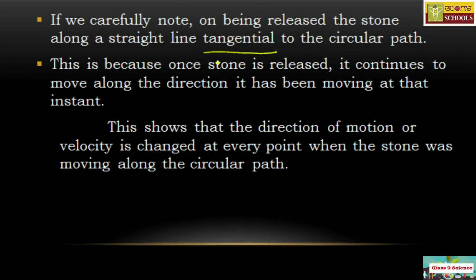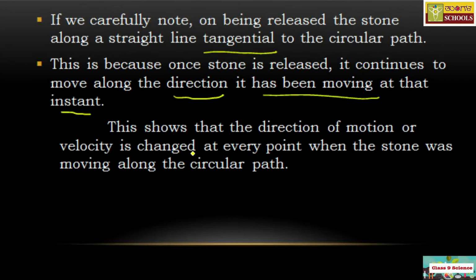This is because once the stone is released, it continues to move along the direction it has been moving at that instant. So at that instant it is moving in that direction only. That's the reason why, once the stone is released, it moves on the tangential path.